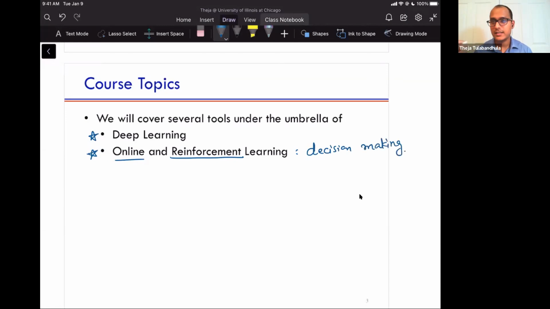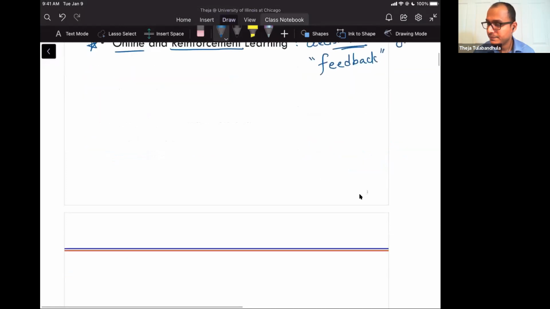In particular, it's called sequential decision making. A key word here is feedback. There is a sequential nature to this where you try out some decision, you get feedback on how good the decision was, and then you hopefully improve when you take the next decision and so on. So there's some sort of a for loop. That's what we'll look at. These are the 2 components of this course.